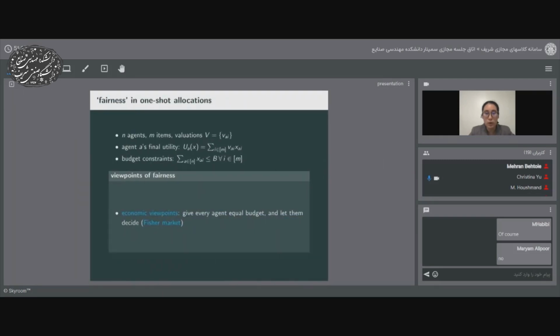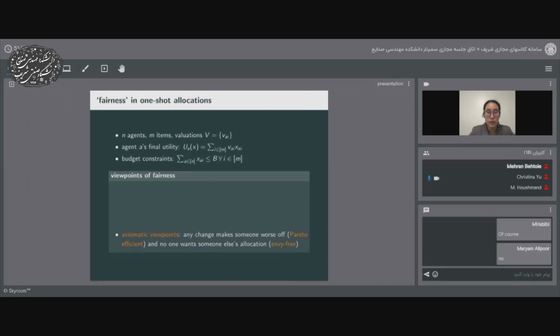Another approach is an economic viewpoint, which is, suppose I just give every agent an equal amount of some fake budget and let them decide amongst themselves. You give every agent an equal amount of budget, and then you allow the agents to do some kind of free trade, and you hope that by this free trade they will end up with some allocation that everyone thinks is fair.